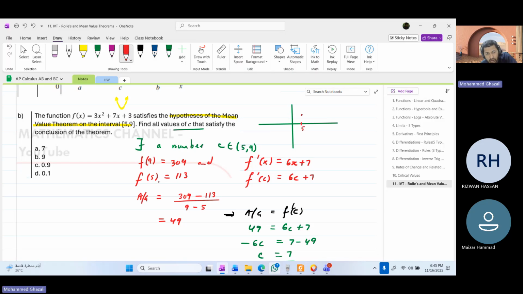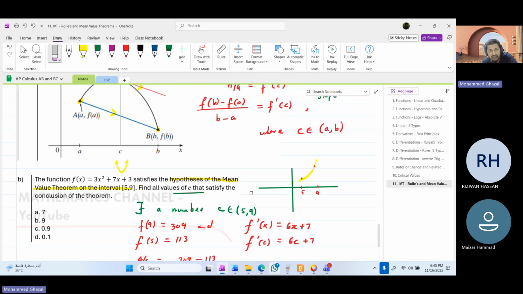And the value of 9 is giving me a point which is higher up. But remember, this is a quadratic function. Value of that is giving me 309. Okay, I have a graph like that. Not necessarily so much of a curve, but it's fine. Just say the graph is curving upward because it's a quadratic function.